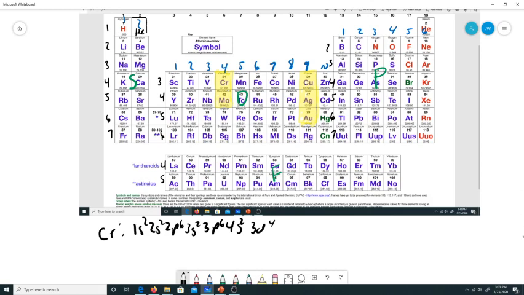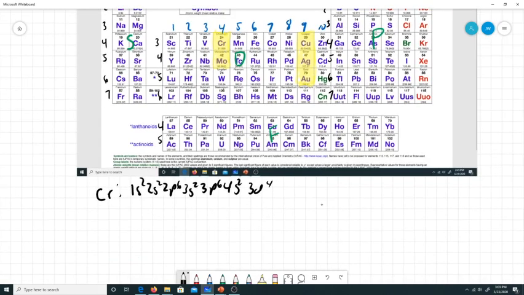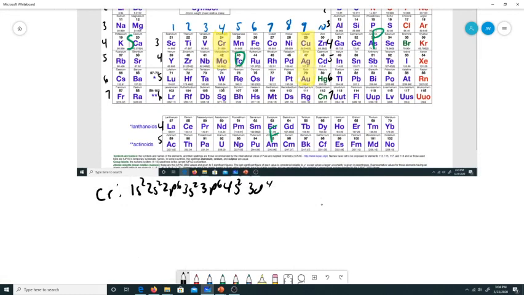What happens is that one of the electrons in the 4s sublevel gets moved to the 3d. So remember, the 4s is this. There's my 4s, up, down. I got my 3d's, that's 5 of those, 1, 2, 3, 4, 5, with 4 of them filled, 1, 2, 3, 4.